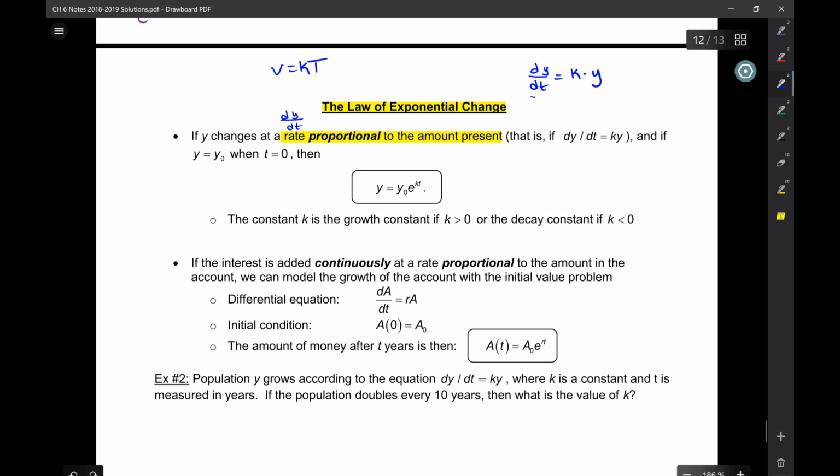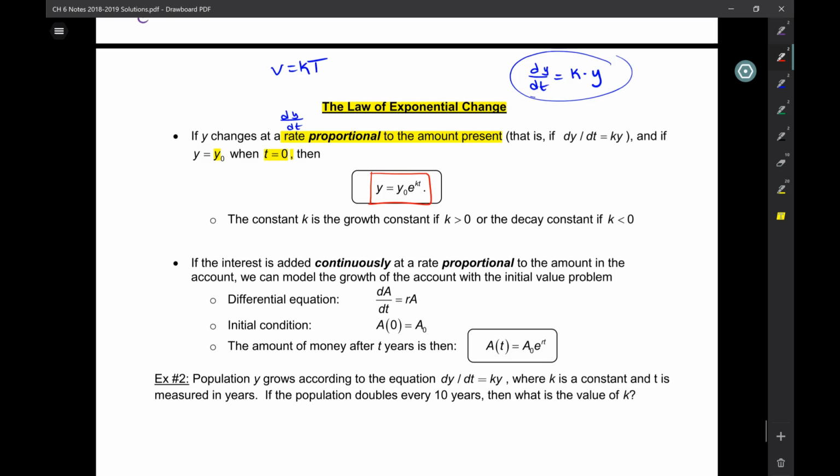Okay, so when we have an equation like that, and we say at t equals 0 the initial amount is y naught, then when we solve that equation, this is what you get. Where have you seen this before? Always. Everywhere. This is where it comes from. It didn't fall out of the sky.